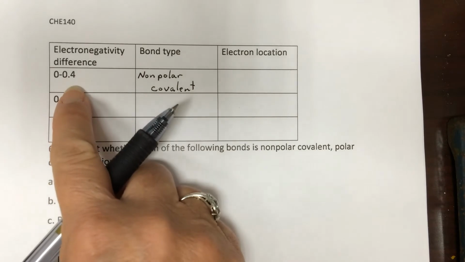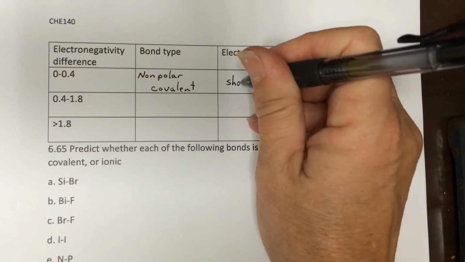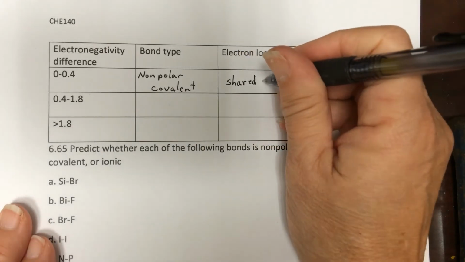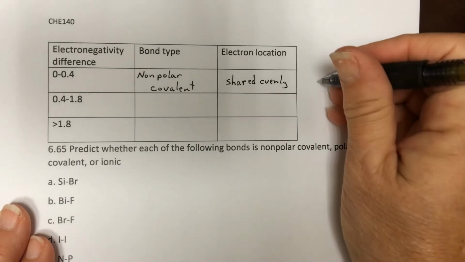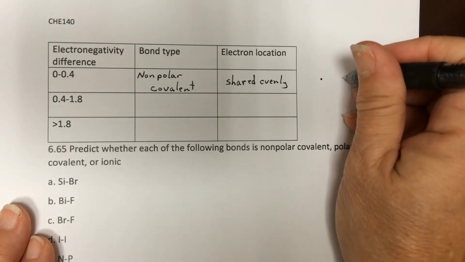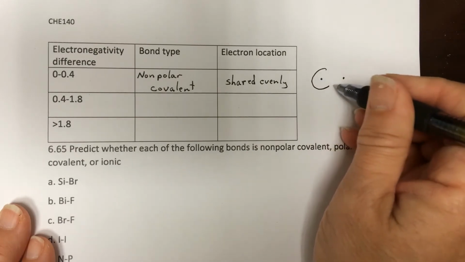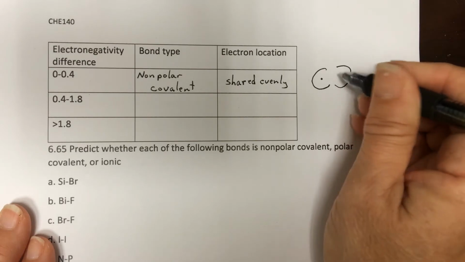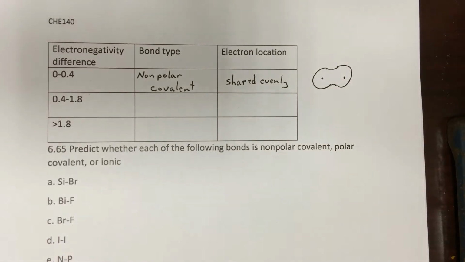This is such a small electronegativity difference that the electron is shared evenly. And it would look something like this. If this was one nucleus and this was the other nucleus, we'd have the electron spending about the same amount of time in both. The diagram's not great, but those are supposed to look like even halves.